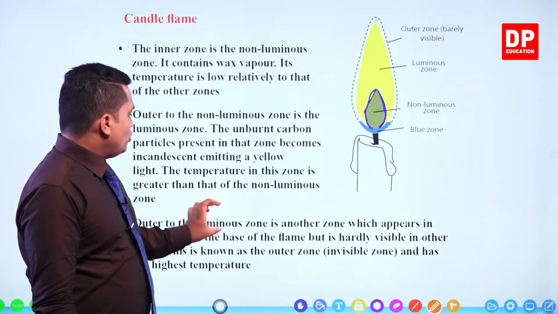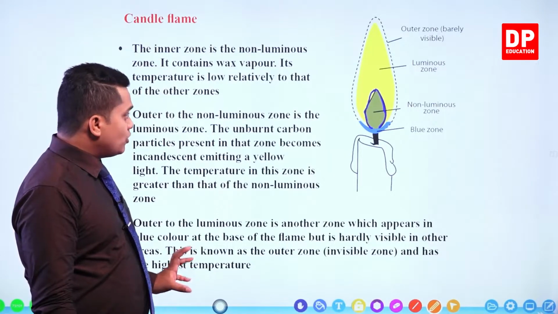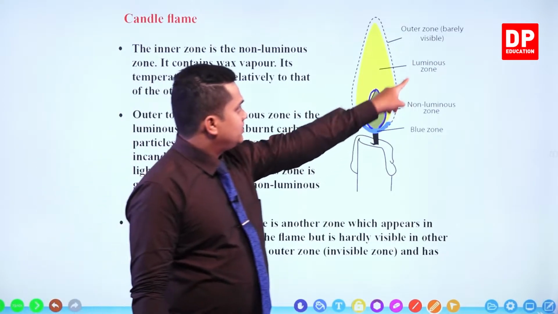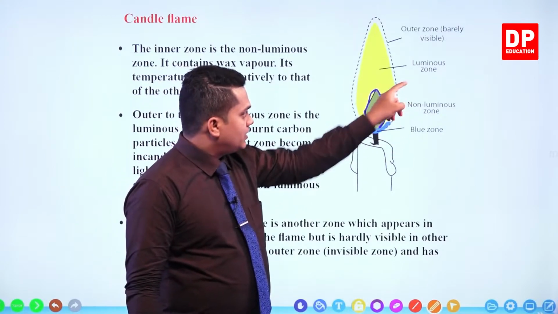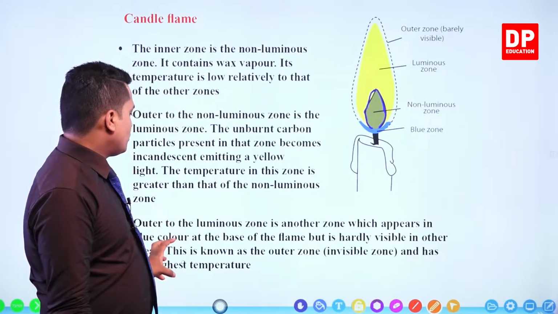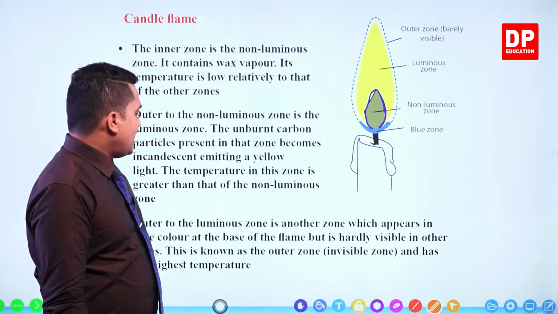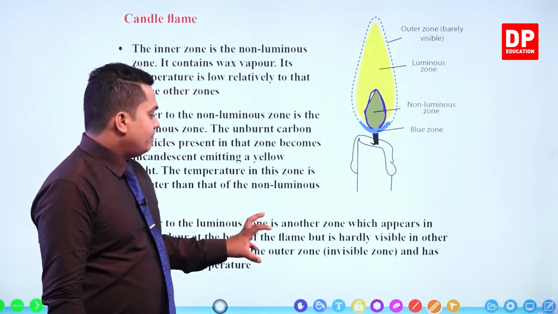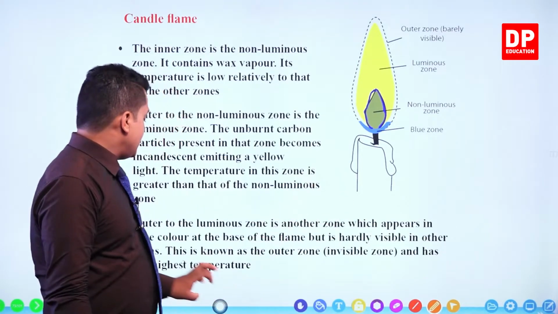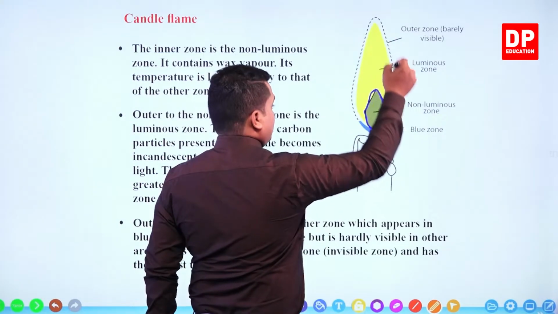Then, outer to the luminous zone, there is another zone which appears in blue color at the base of the flame, but it is hardly visible in other areas.